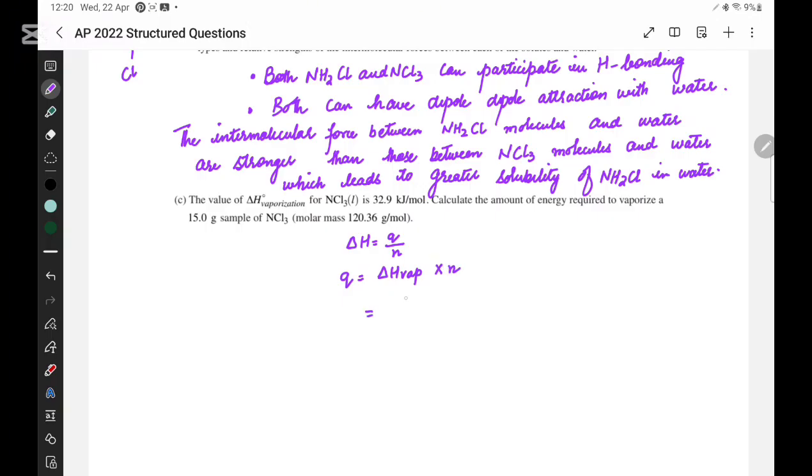Enthalpy of vaporization that they have given to us is 32.9 times the moles of NCl3. So moles is equal to mass over molar mass, which is 120.36, and the answer that comes out to be is 4.10 kilojoules.